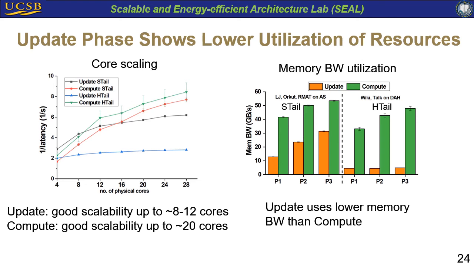For the core scaling, we basically show that as we increase the number of physical cores, the update phase shows good performance scalability up to only about 8 to 12 cores. In contrast, the compute phase shows good performance scalability up to about 20 cores. For the memory bandwidth, for both the categories S-tail and H-tail, we observe that the update phase uses lower memory bandwidth than the compute phase.